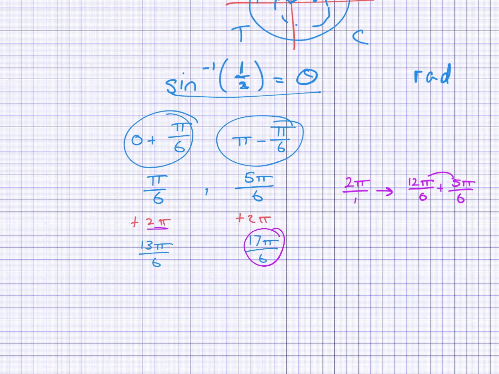And the same for the first one: 12 pi on 6 plus pi on 6 gives me 13 pi on 6. So now I can list my 4 solutions in order from smallest to largest: pi on 6, 5 pi on 6, 13 pi on 6, and then 17 pi on 6. Those are all the solutions that we've been asked to find, and you must list all of them.